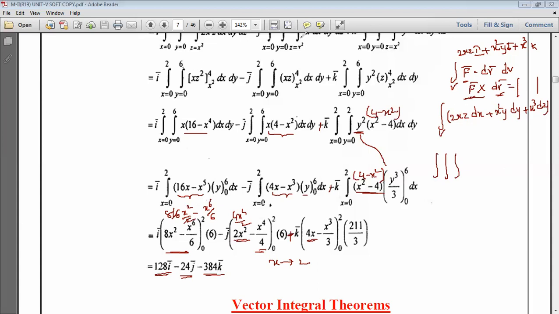And now, based on surface integrals, volume integrals and line integrals, we are going to prove three theorems actually. So already we completed vector integral in that Green's theorem.